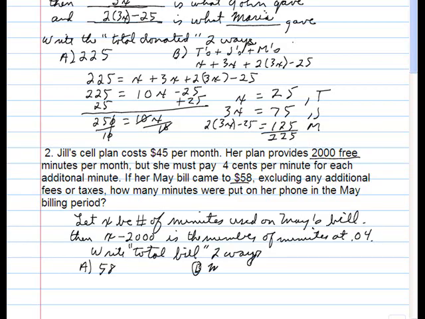Well, it would be the monthly fee plus the minutes fee. That's the extra minutes fee. So what would that be? Well, the monthly fee is $45. Plus, what did we pay for the extra minutes? Well, we have to go back to where we defined how many extra minutes were bought. And we said the number of extra minutes was x minus 2,000.